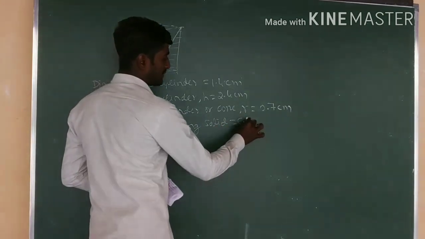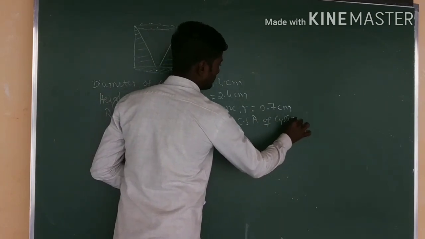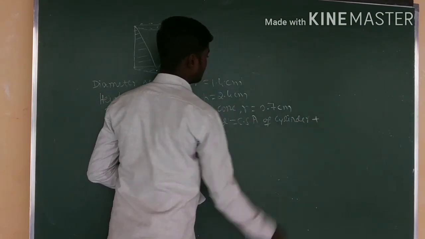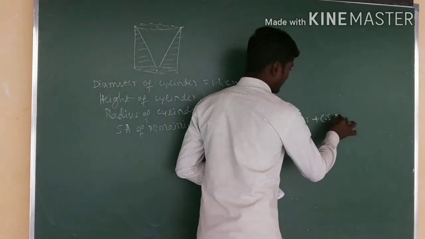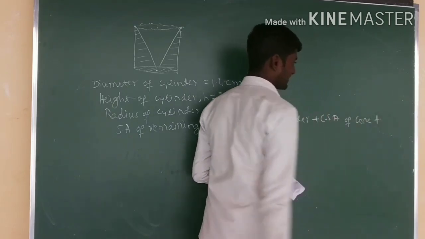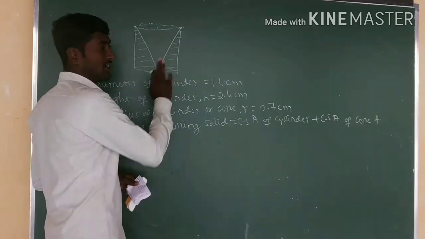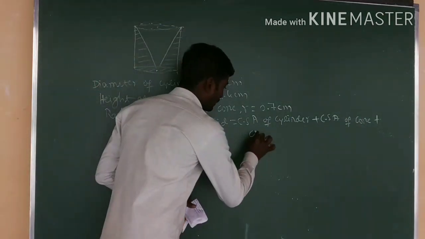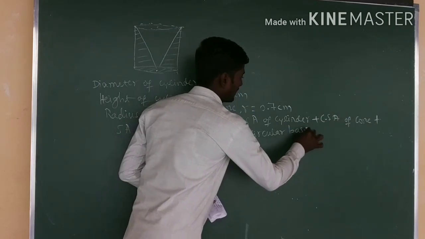is equal to, first I will take CSA of cylinder, plus CSA of cone, plus circular base of cylinder.